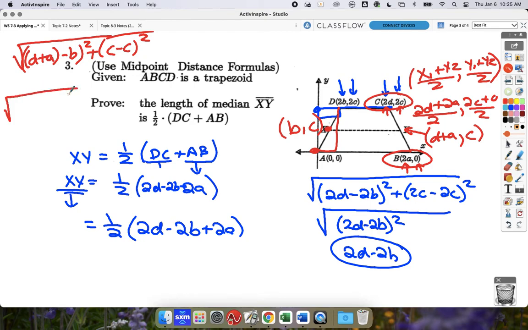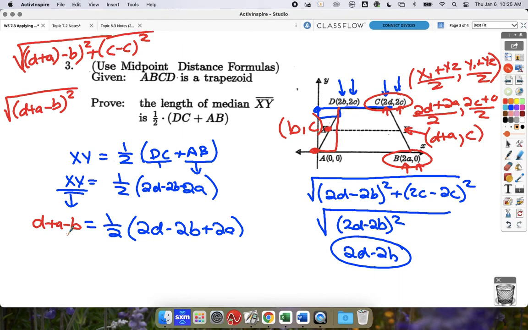So D plus A minus B. C minus C is 0. So the square root of D plus A minus B squared, this radical and this exponent cancel each other out. We have just discovered that it is D plus A minus B.